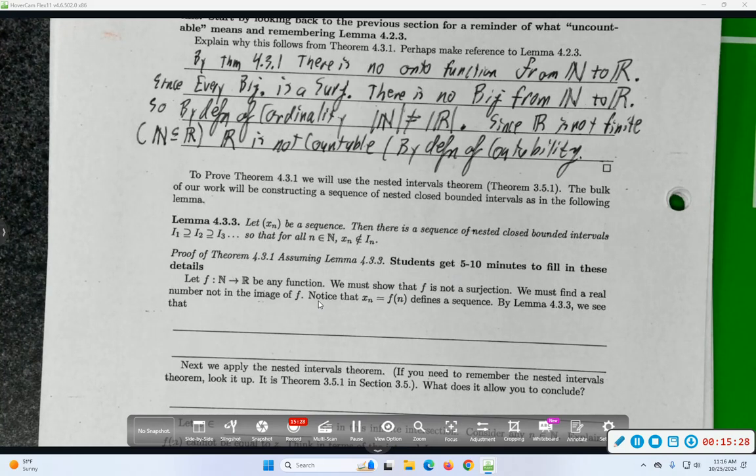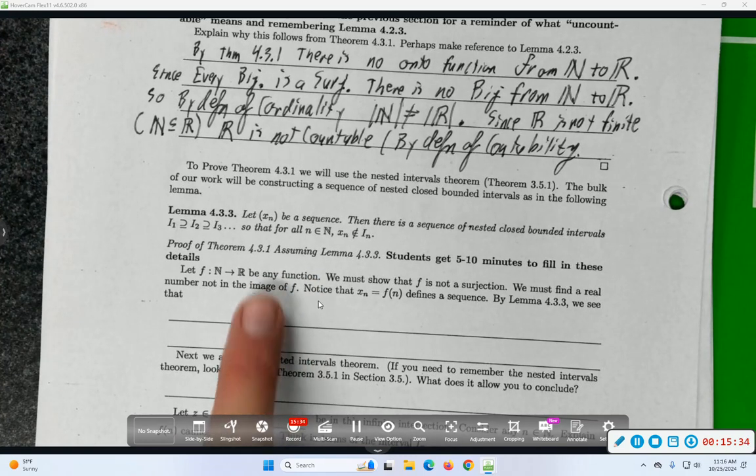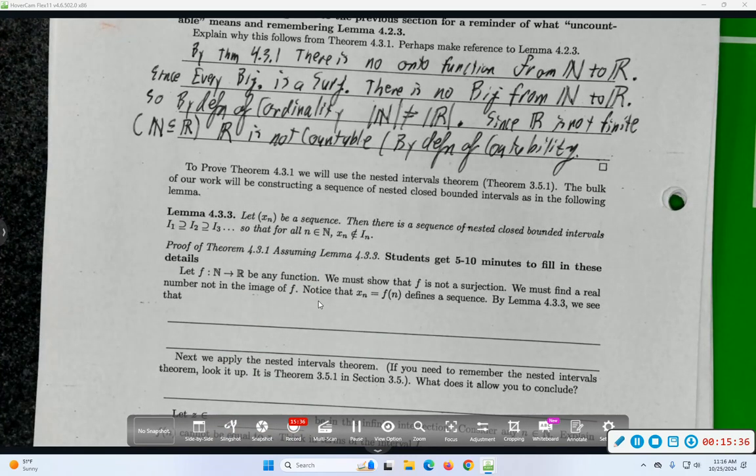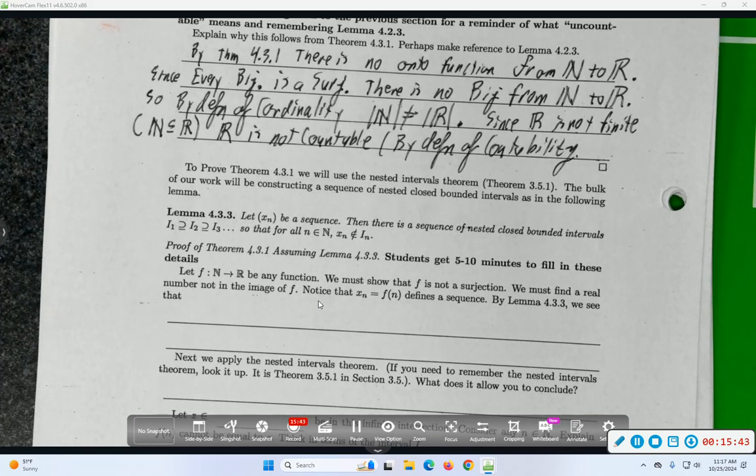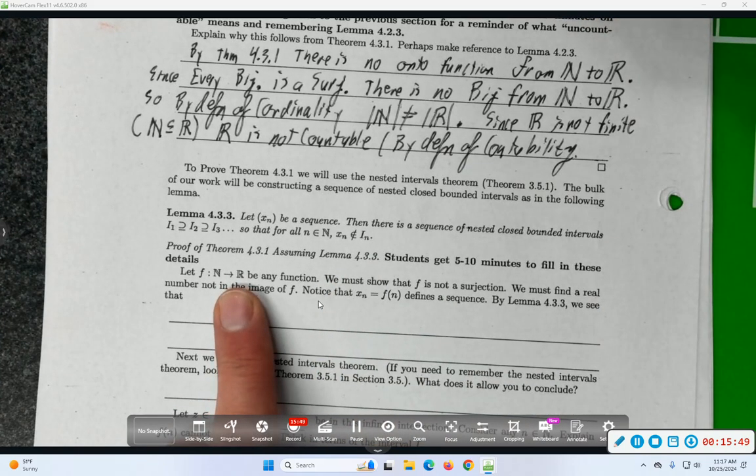So here's what I'd like you to do now. Go through this argument. Assume lemma 4.3.3, and then prove theorem 4.3.1. So if you want to prove 4.3.1, you want to show that there does not exist a surjection, so let's consider any function.